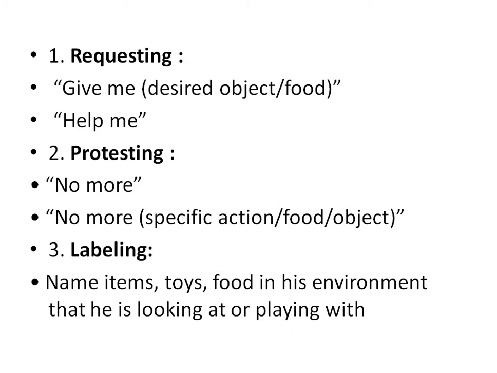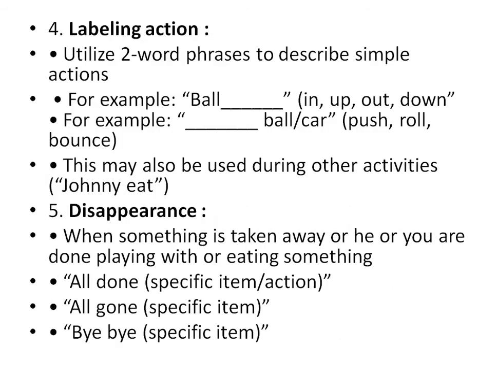Labeling: name items, toys, food in his environment that he is looking at or playing with. Normally we say the car, the ball, the piano, the aeroplane, and we label the toys. Labeling action: utilize two-word phrases to describe simple actions.